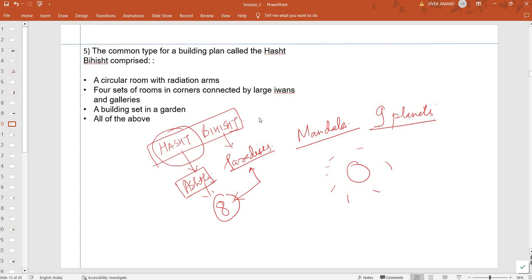So you can say that Hasht Behesht is also influenced by mandala art. In Hasht Behesht there are eight paradises, and they are connected by large Ivans.